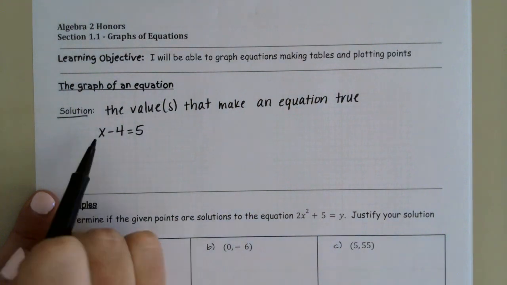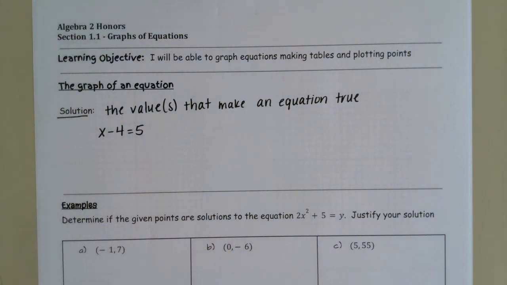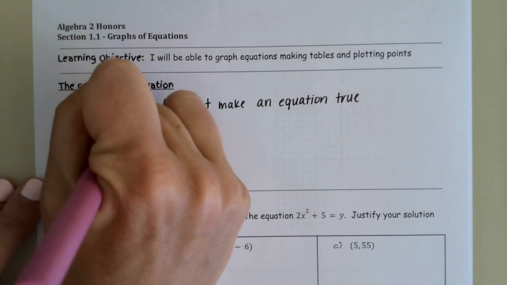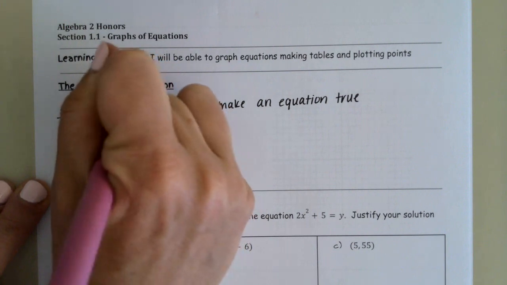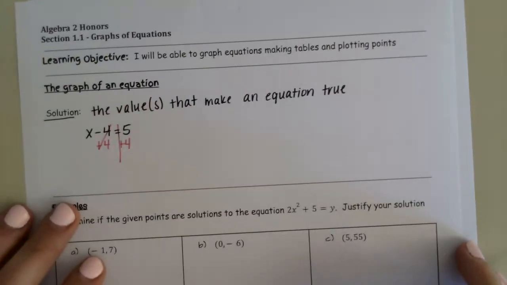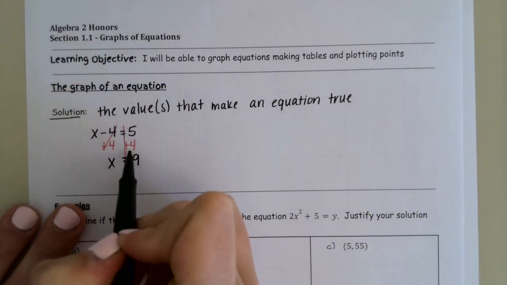So the question is, what is the x value that makes this true? In Algebra 1, you learn that to get rid of subtracting 4, you add 4 to both sides. So therefore, your solution is x equals 9, because 5 plus 4 is 9.